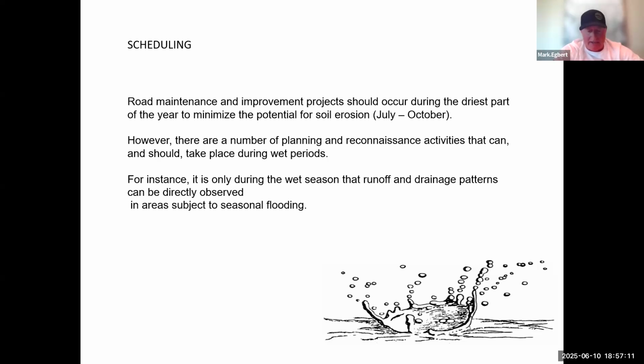And I also want to just say that you want to establish a road system that minimizes the damage associated with the use of the road, but also when the road is not in use. And that's really when most of the damage occurs, whenever you're not using it, because these are mostly seasonal roads, and you're only using them whenever it's safe.